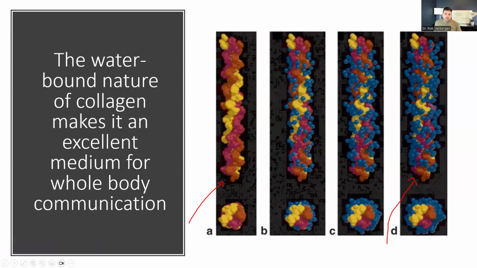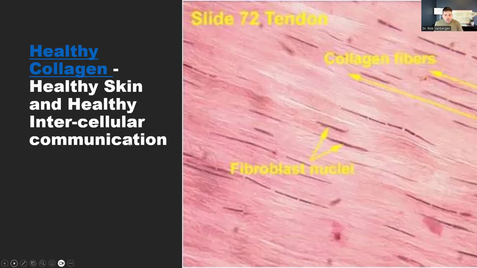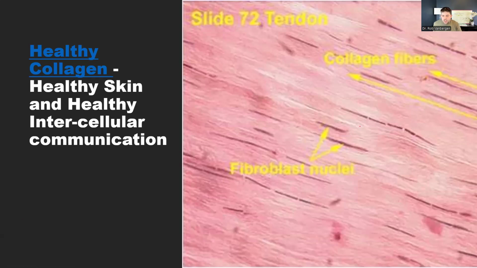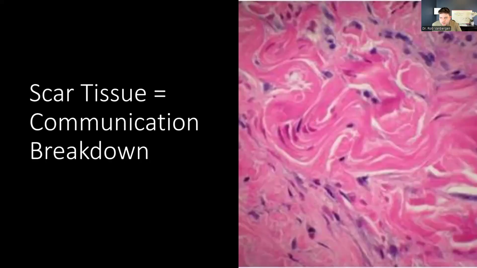So it prevents communication. Healthy collagen is nice straight lines. It's not twisted, right? If the body wants to go along a signal path, it just flies right on through. Scar tissue, on the other hand, is twisted and messy.